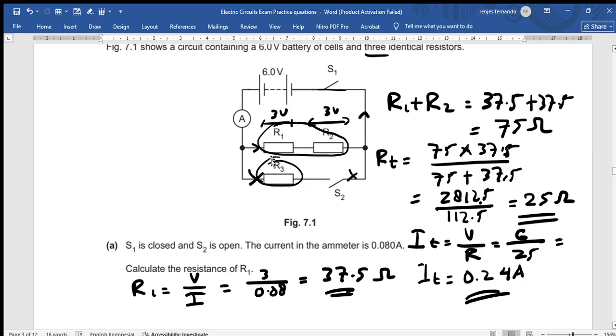Because R3 is the smallest resistance, and R1 and R2 is the biggest resistance because this is the sum. So the smaller the resistance, the higher the current flowing through R3.